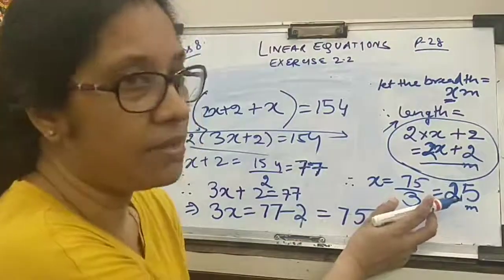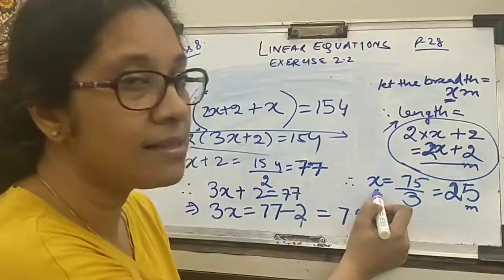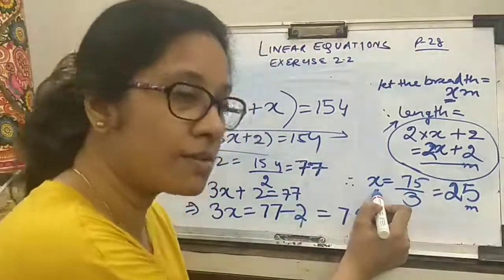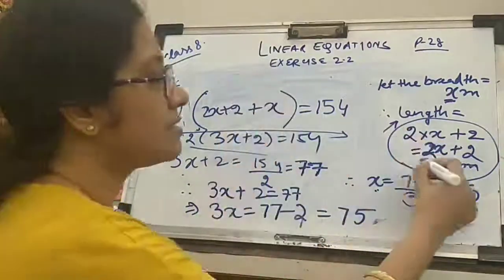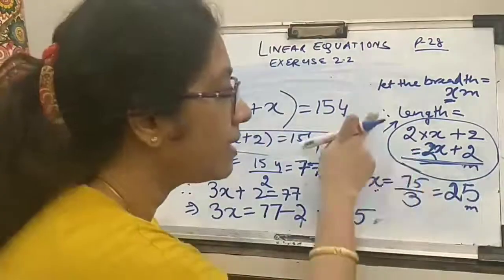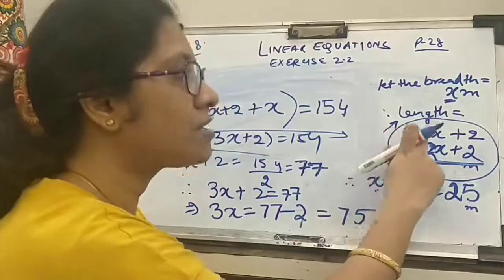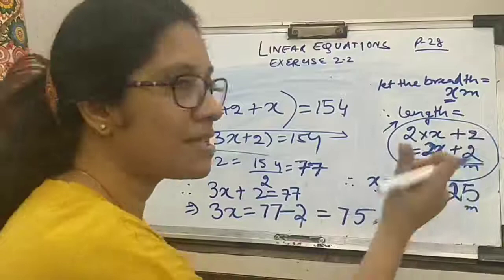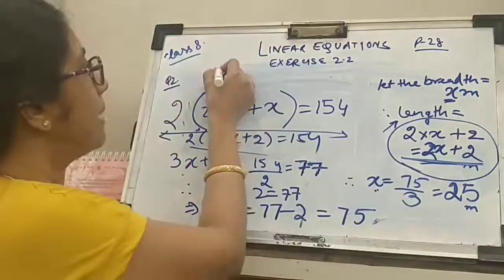And we are also given the relationship. How is it related to the length? Length is 2 more than twice of this. That is this, 2x plus 2. We had already computed this relationship: twice of x plus 2, which was 2x plus 2. So what do I need to do? This is my breadth.